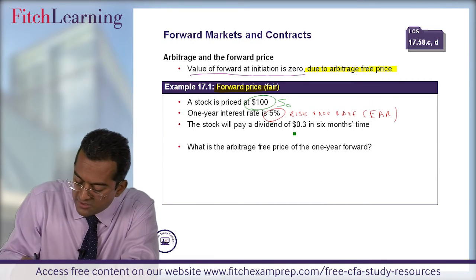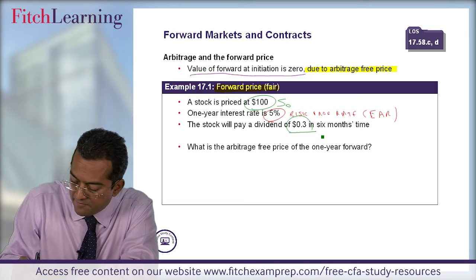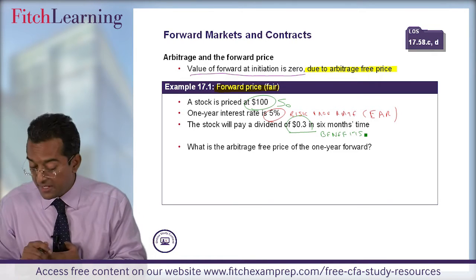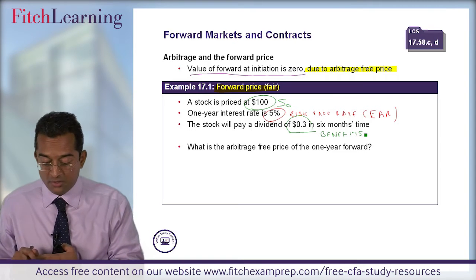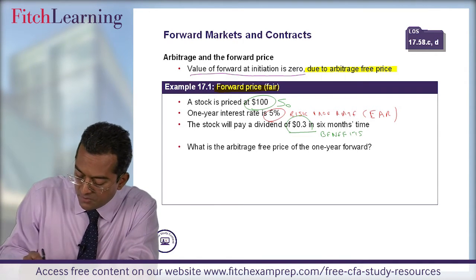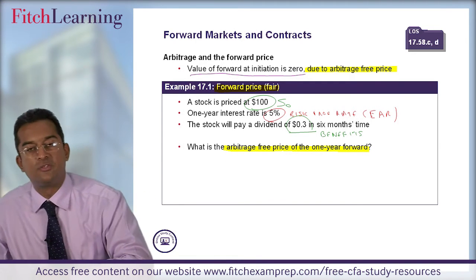So if you were to buy the share, you would be able to get the benefits in 6 months' time. So it's not at the end of the contract's life, or at the beginning of the contract's life. We are going to be talking now about what is the arbitrage-free price of a 1 year forward, taking into account everything we've said already.